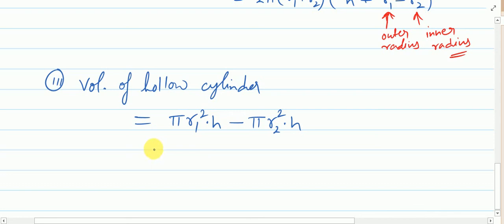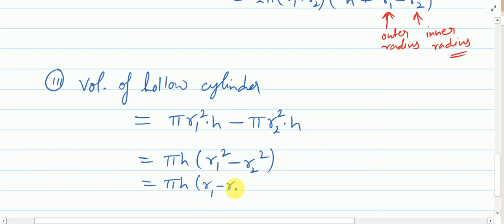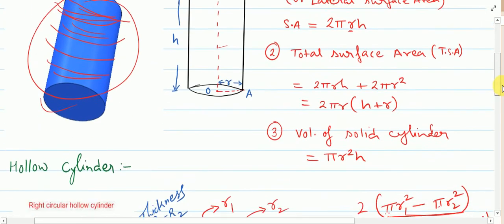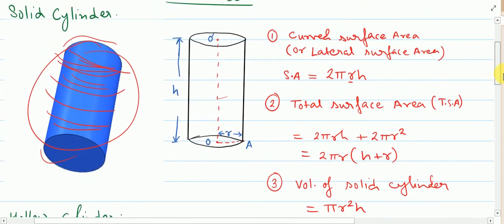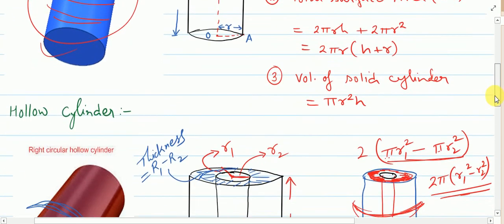So here you can see that pi and h are common, so pi and h come out, and you are left with r1 square minus r2 square, and this further you can write like this. So for cylinder we got the formula for solid cylinder as well as hollow cylinder.